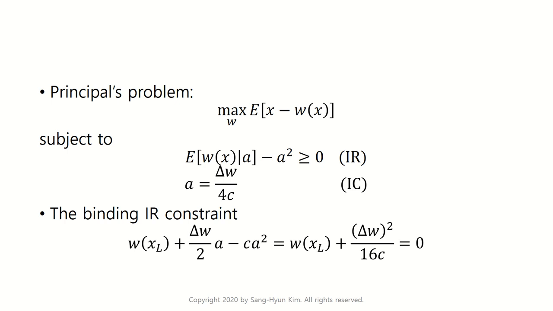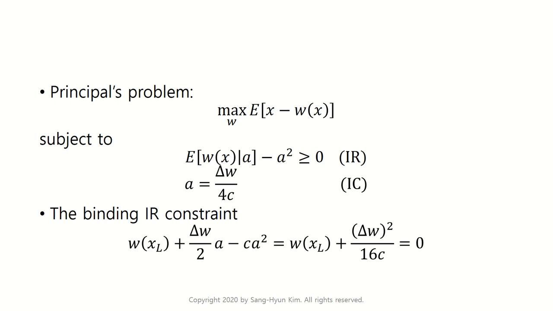So that's the expected utility of the agent, and the right-hand side 0 is the outside option value or reservation payoff of the agent. So if the expected value of wage minus C times A squared is larger than 0, that means the agent is better off by accepting the offer. So that's the participation constraint. And the second constraint is the IC constraint.